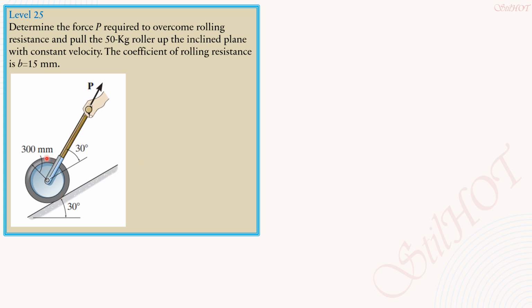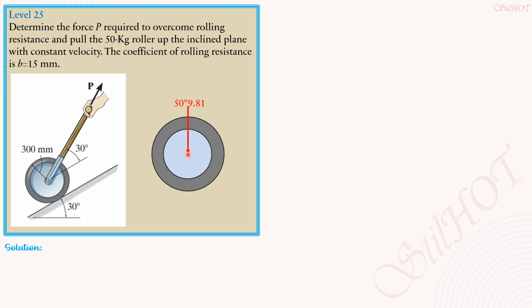So let's have the free body diagram. For the solution, we have the wheel and the forces and the weights. Weight is 50 times 9.81 of this roller here.